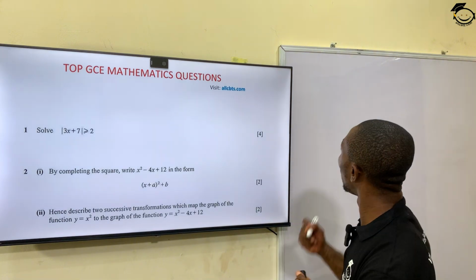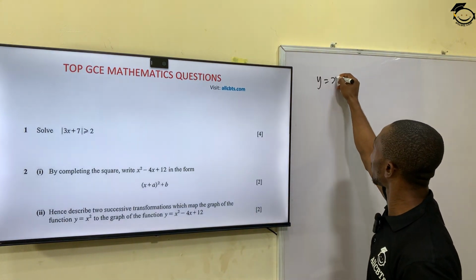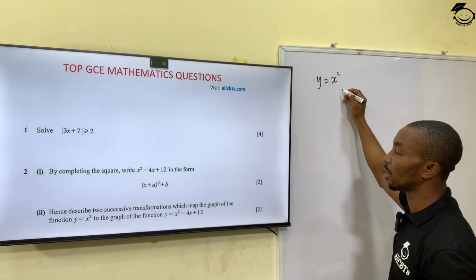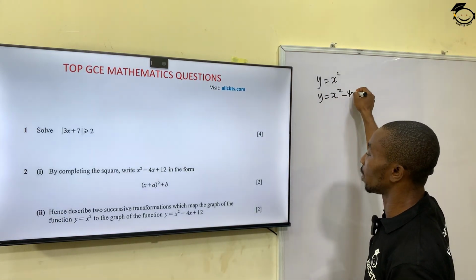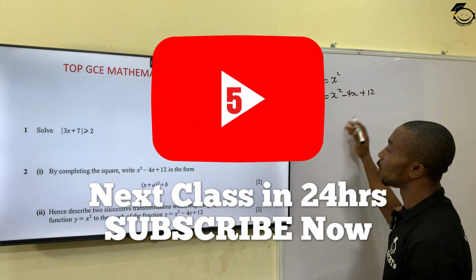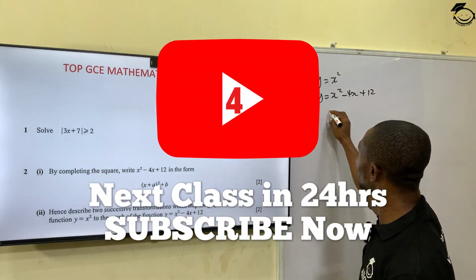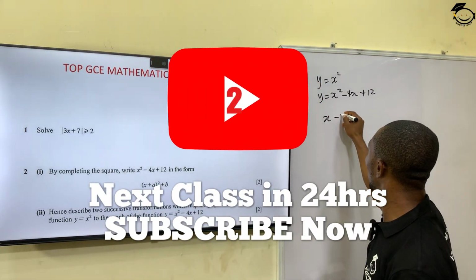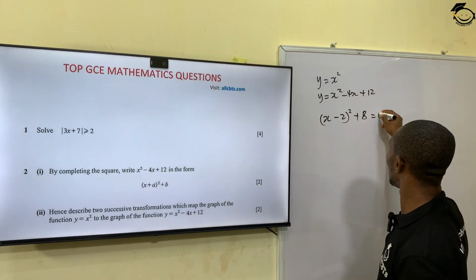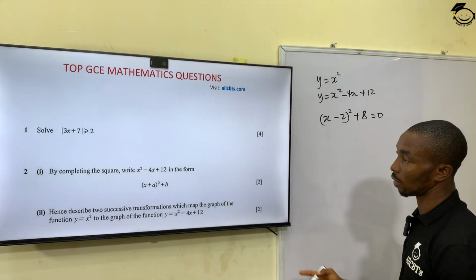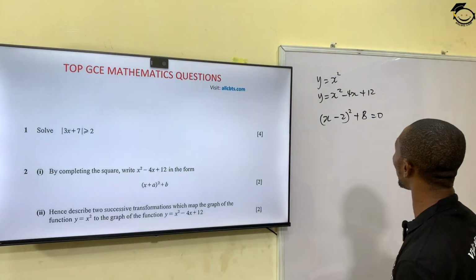The second aspect of the question says, hence, describe two successive transformations which map the graph of the function y equals x squared to the graph of the function y equals x squared minus 4x plus 12. Now, we earlier saw x minus 2 all squared plus 8 from the first part of the question.